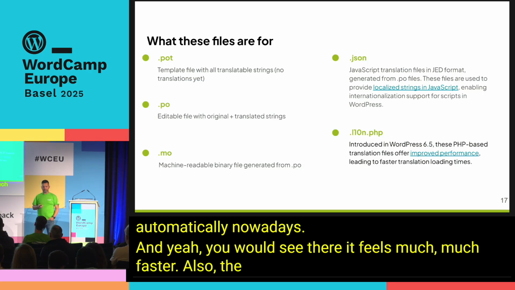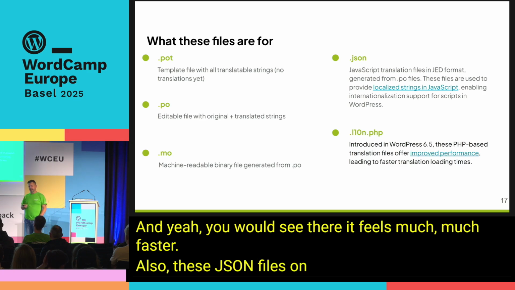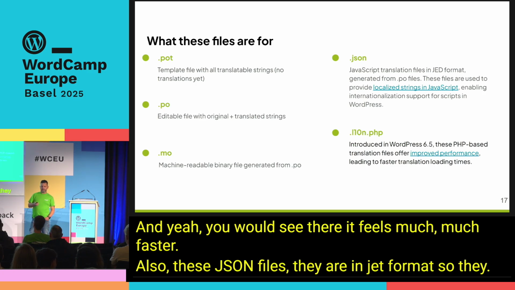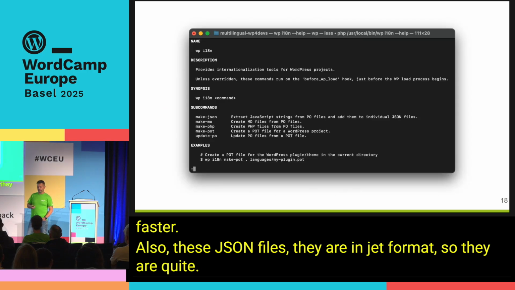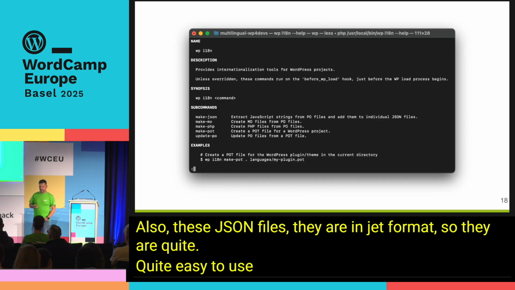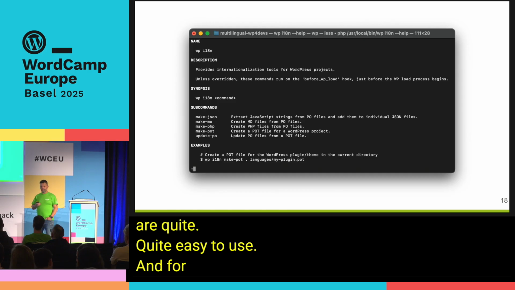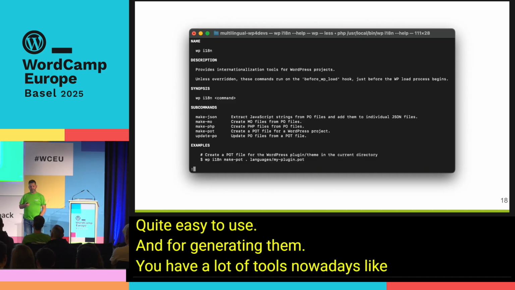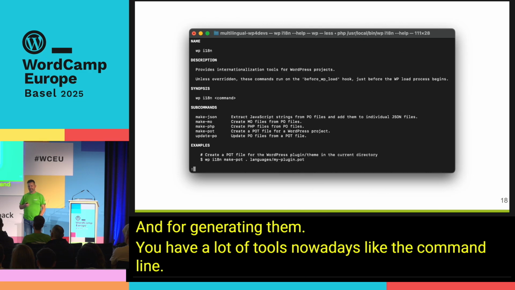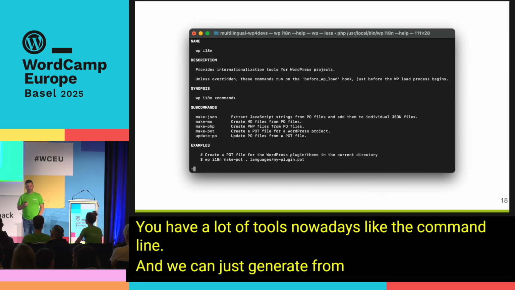Also, these JSON files are in JED format, so they are quite easy to use. And for generating them, we have a lot of tools nowadays, like the command line, and we can just generate from a WP internationalization command.